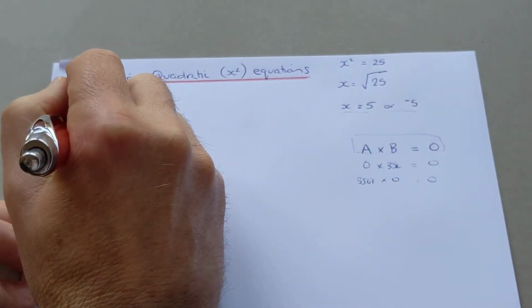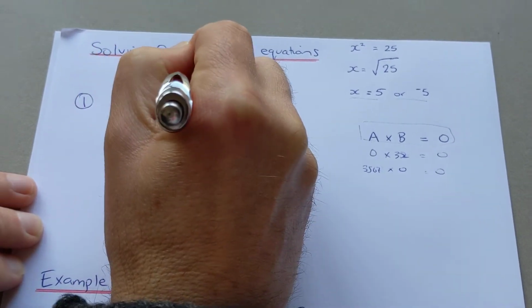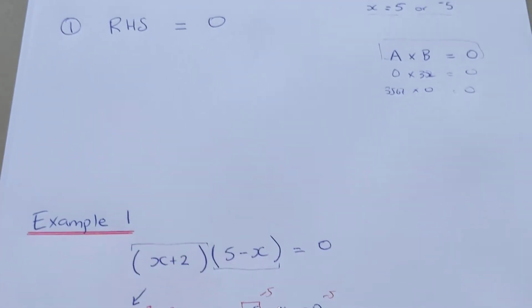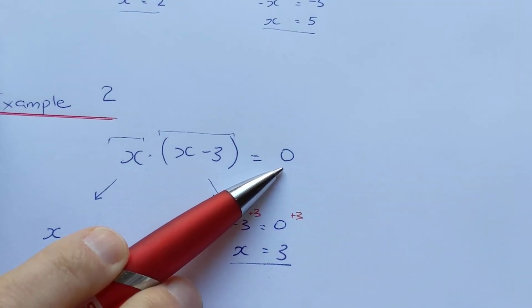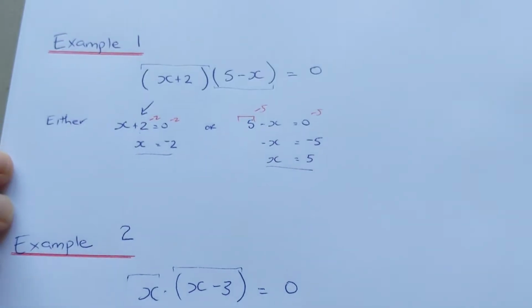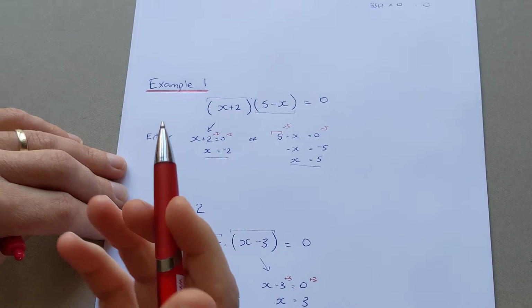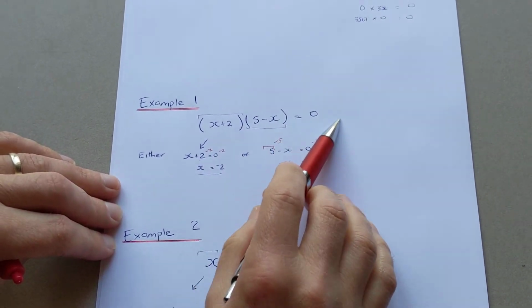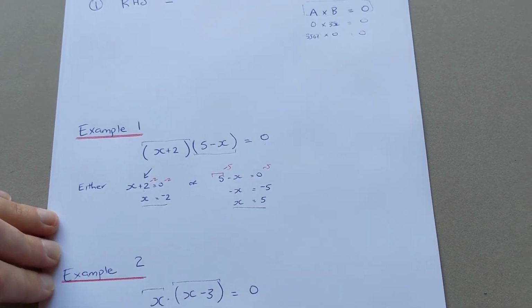So the first rule is, step 1, the right-hand side, I shortened it to RHS, has to equal 0. And in each of the examples so far, the right-hand side was 0. If it's not 0, you need to make it 0. That would involve some expanding here, some removing of whatever's on the right-hand side until there's nothing left to make it equal to 0.